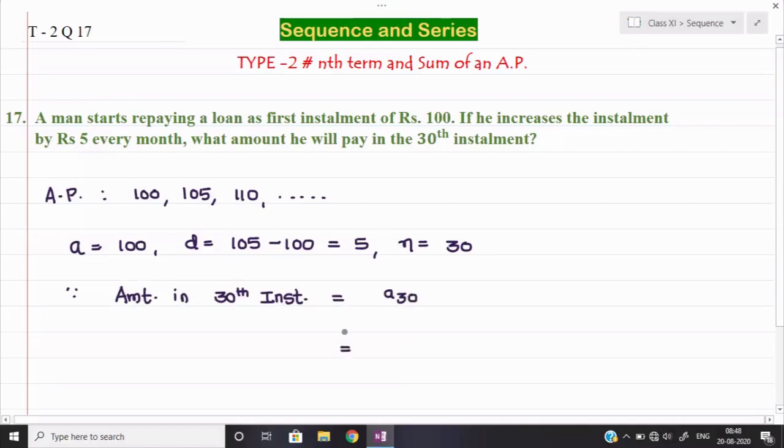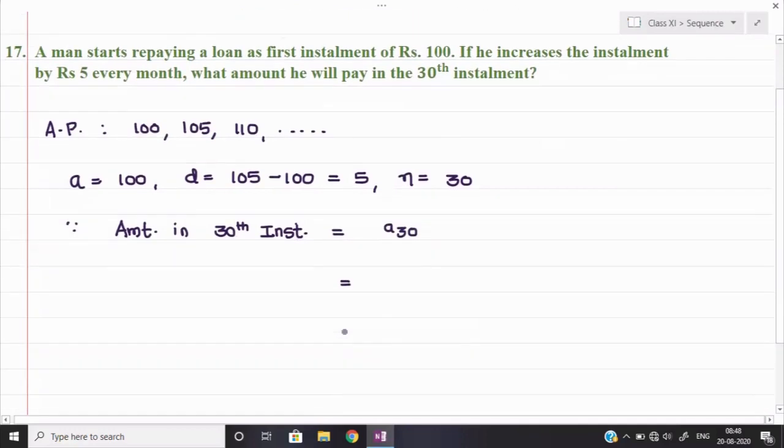Sum means he has paid the total money from the first installment till the 30th installment, and in the question they are asking how much money he is paying in only the 30th installment. So we require here the value of A30, and A30 we can say can be written as A plus 29D. Put the value of A, that is 100 plus 29 into 5.